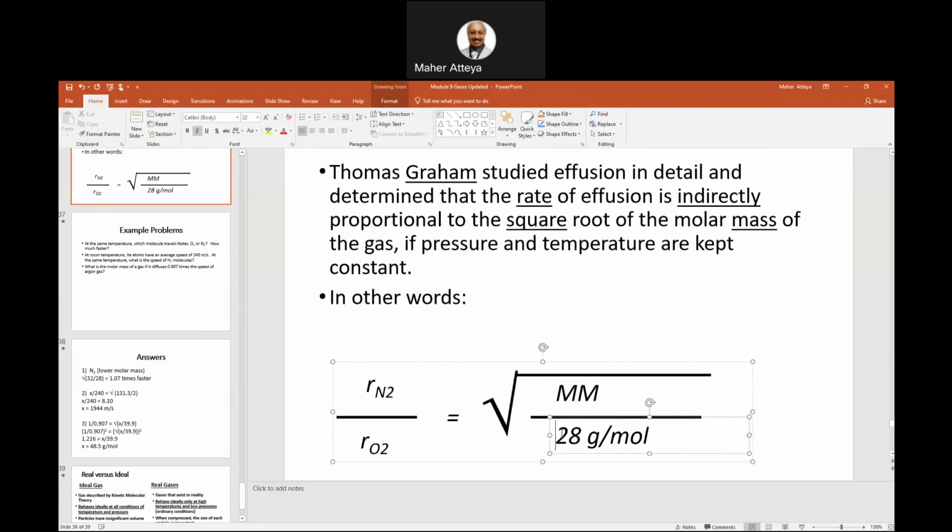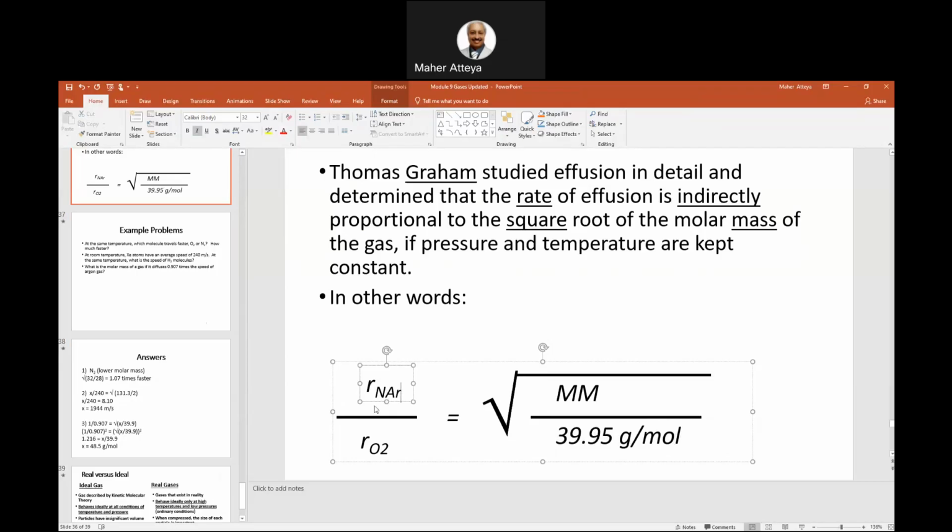Argon, how much is the atomic mass of it? Somebody will tell me. 39.95 grams per mole. And this is argon, because that's the cross here.